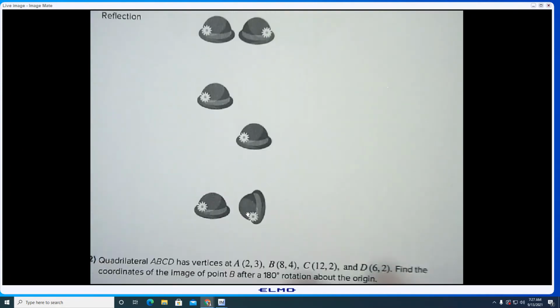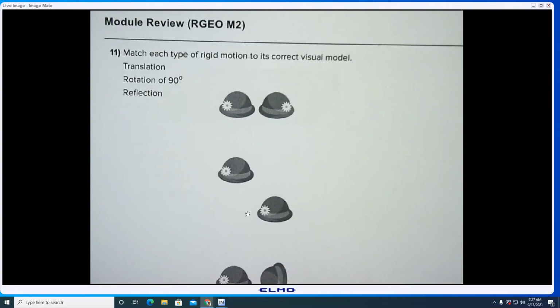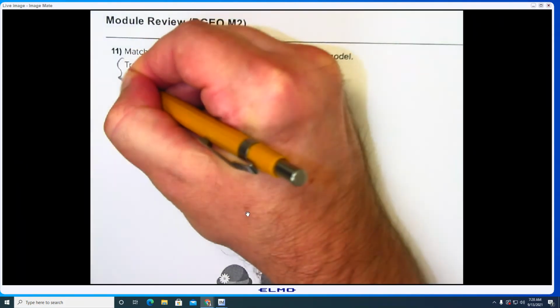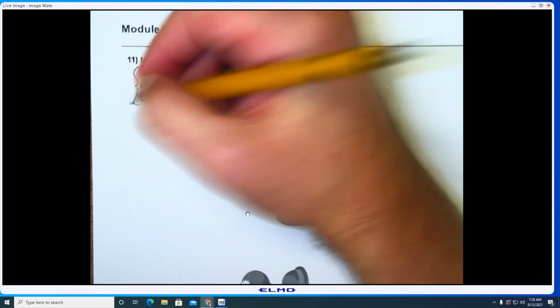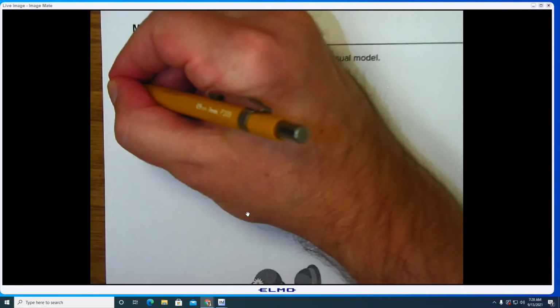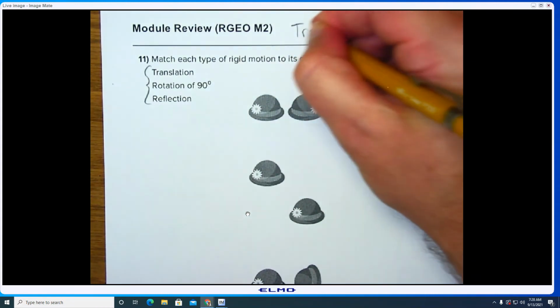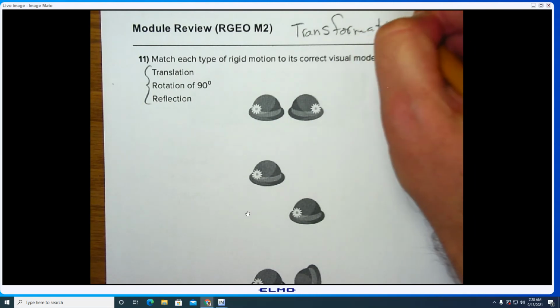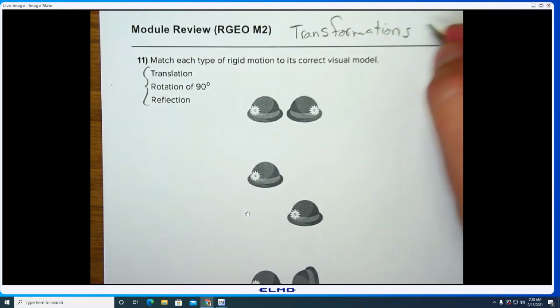Number 11. Match each type of rigid motion to its correct visual model. Okay? These are transformations, and these are a special kind of transformation called rigid.